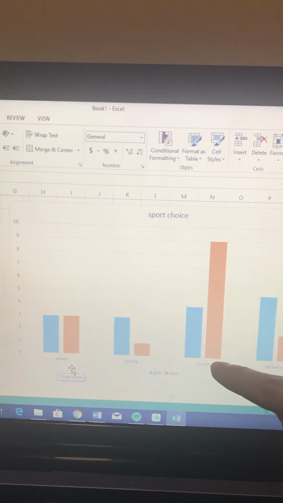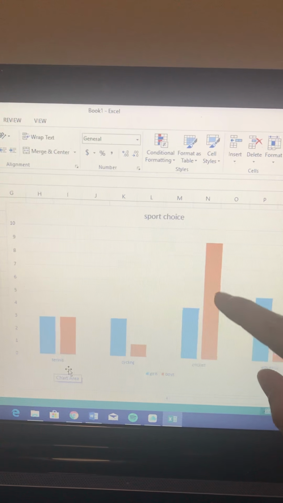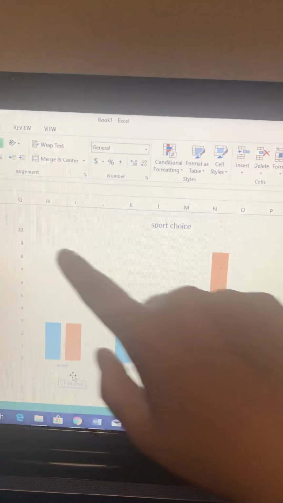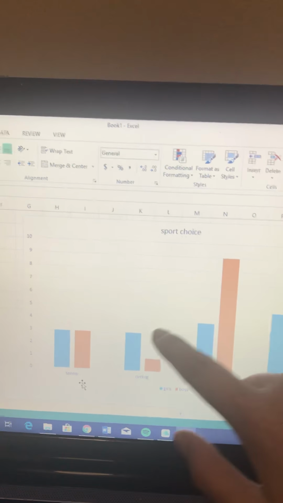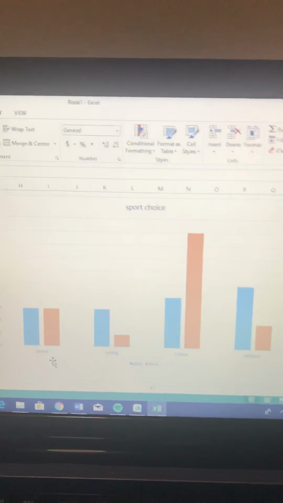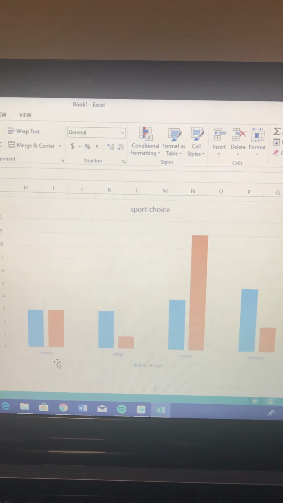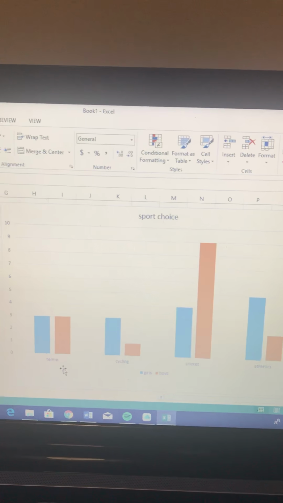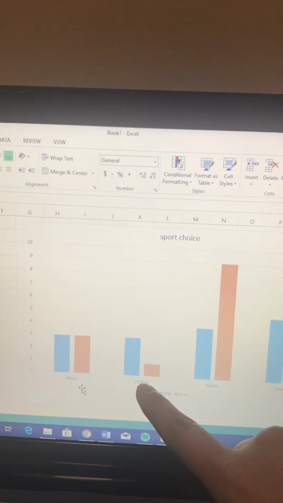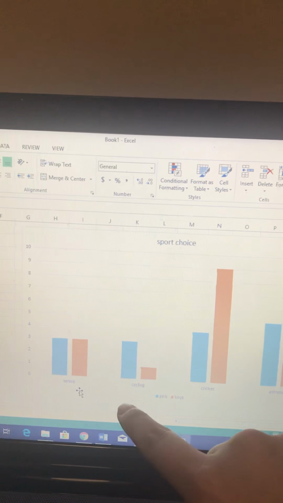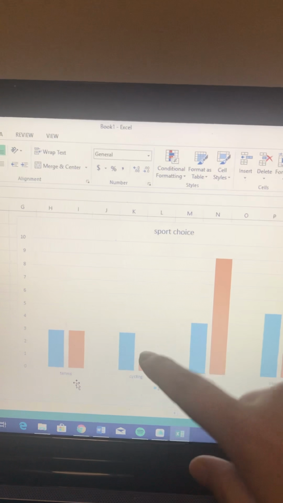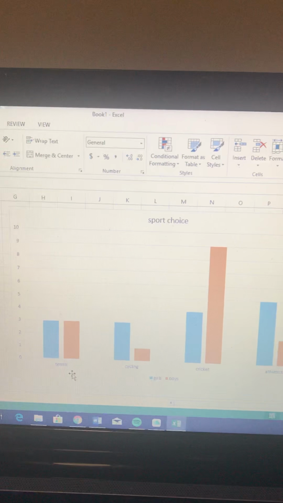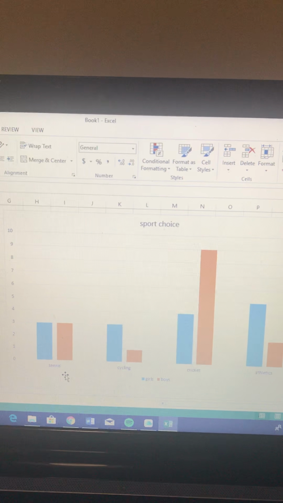So we can see that the cricket, 9 of you preferred the cricket, 9 boys, and the cricket, 4 girls. So there were more boys interested in cricket. But if we come to cycling, there was only 1 boy interested in cycling, but there were 3 girls interested in cycling. So for this sport, the girls preferred cycling as a whole.